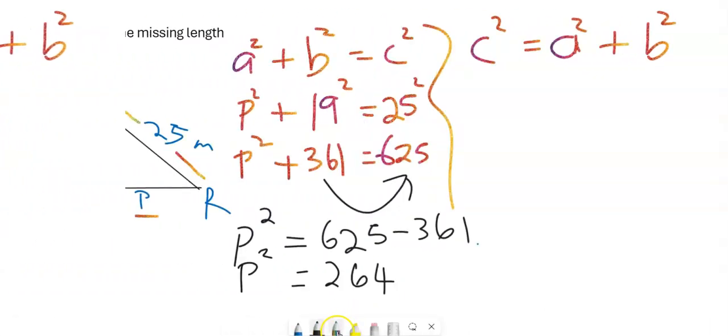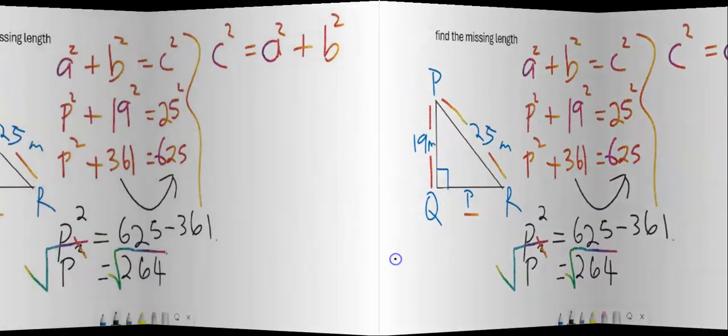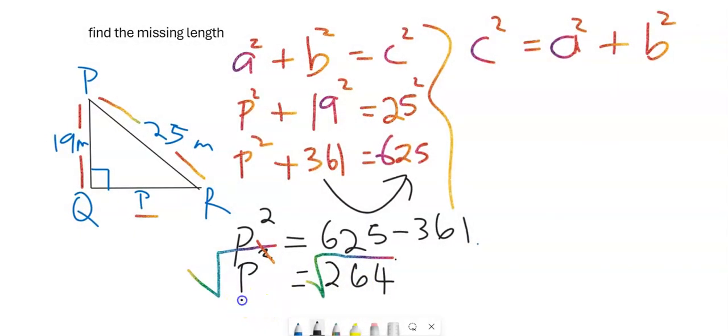Alright, and we said the opposite of the square is the square root, so we need to square root both sides. So the square root will cancel the square, and over here there's no square to cancel, so we actually need to find the square root.